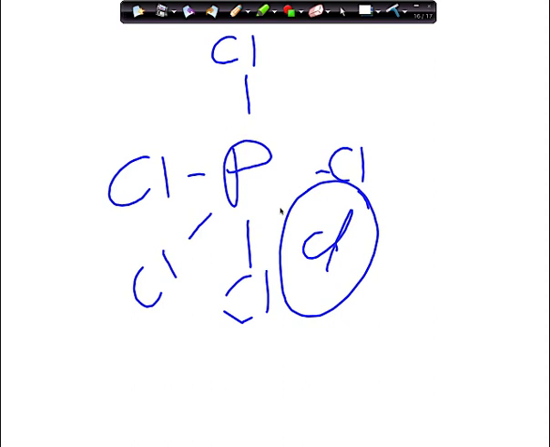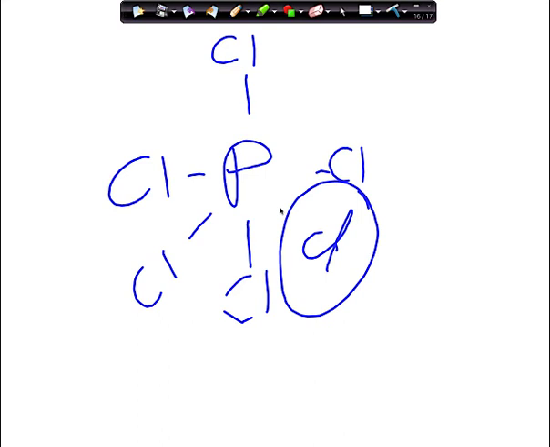So, guys, which is the first d sublevel? The 3d, right? What that means is the first elements that can have more than an octet are phosphorus, sulfur, and chlorine. Silicon doesn't have enough valence electrons to do it. But guys, these dudes up here, carbon and nitrogen and oxygen, cannot have more than an octet because there is not a 2d sublevel.